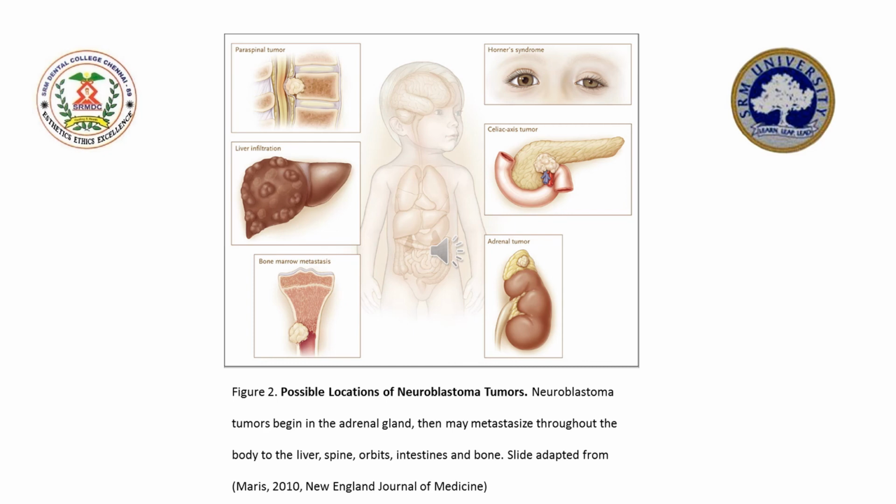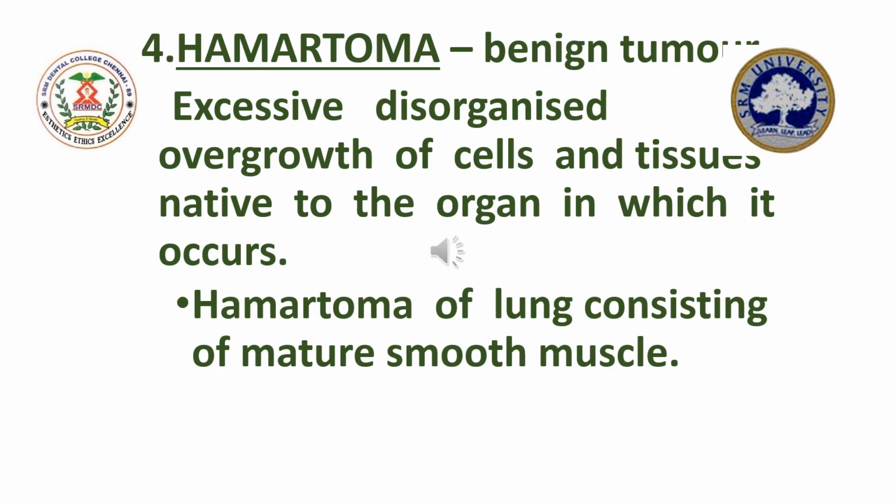These are the common sites where blastomas occur. Hamartoma is a benign growth made up of an abnormal mixture of cells situated in an organ. There will be excess disorganized cells in the normal location.